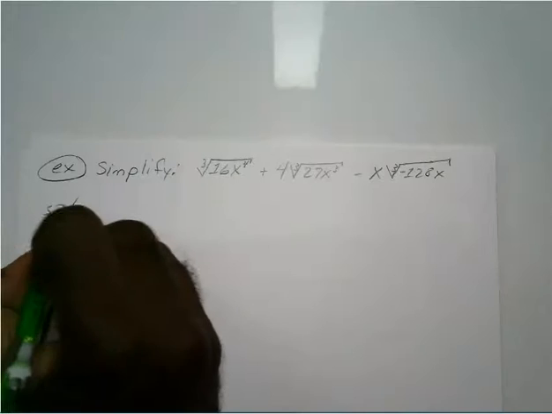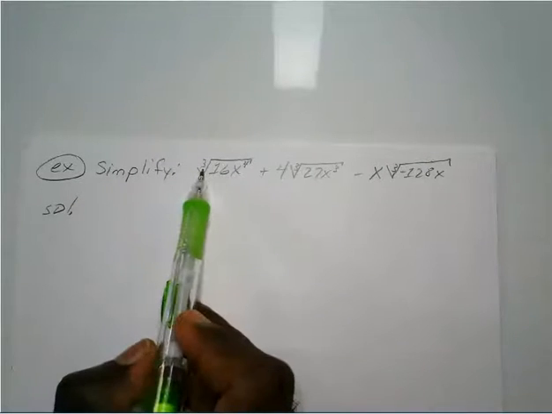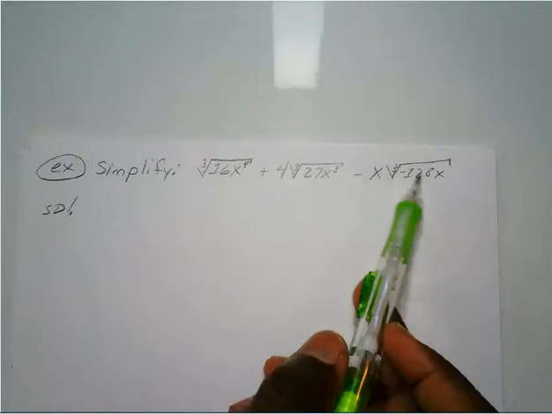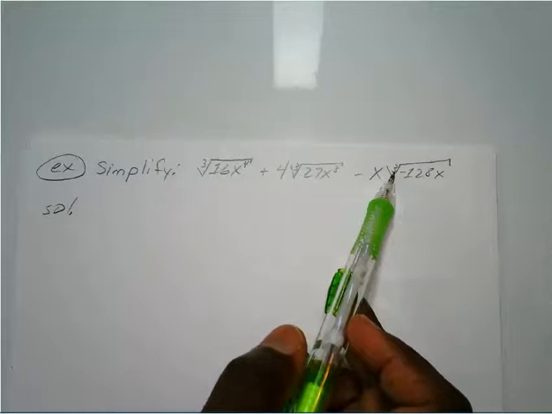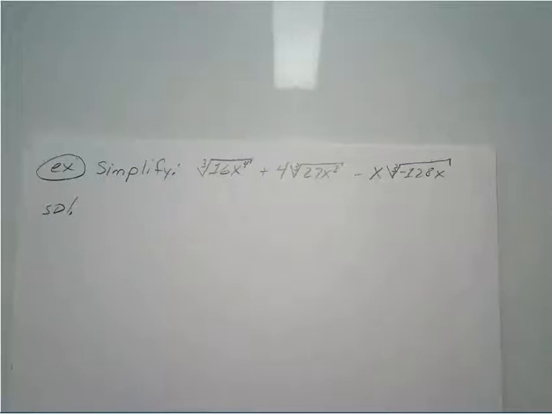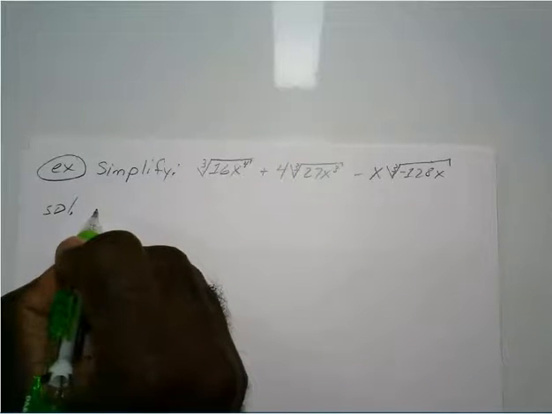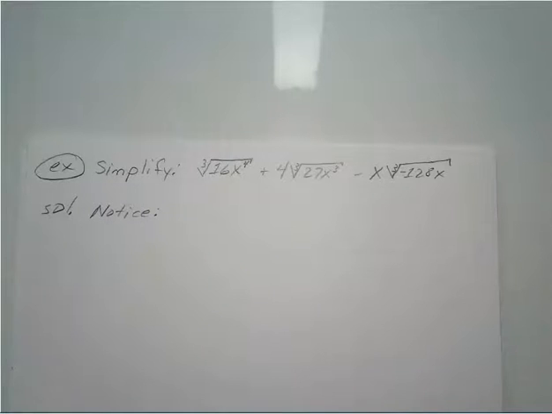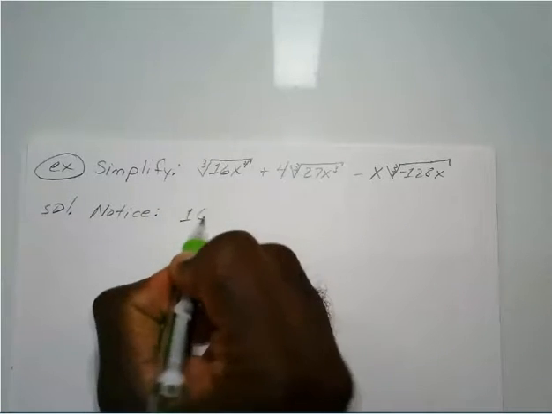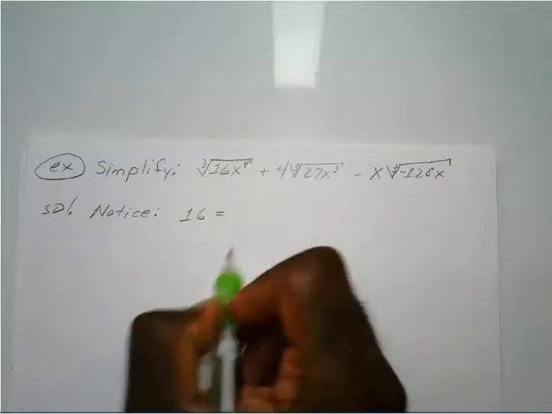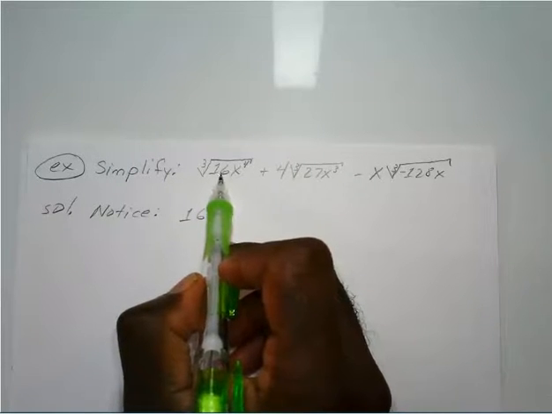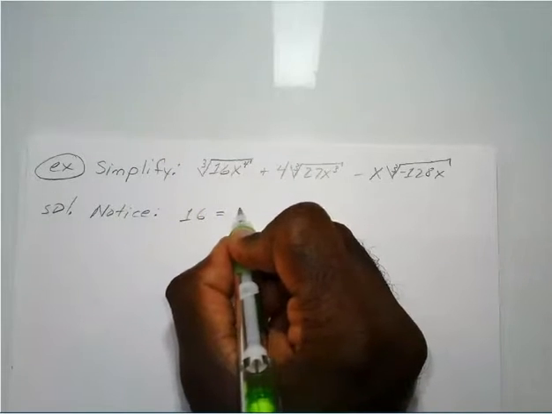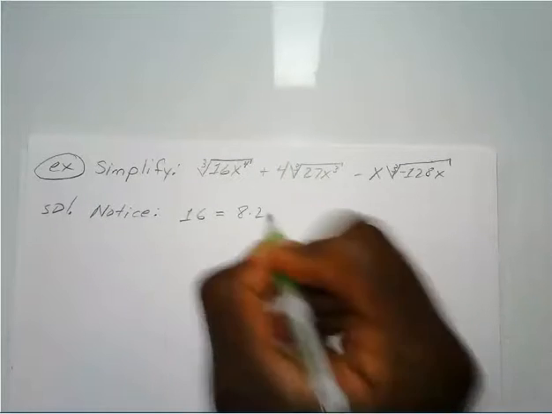Okay, so now if you notice here, we're looking for cube root values. The first thing we're going to want to notice is that for 16, there's no cube root value, but 16 can equal 8 times 2.